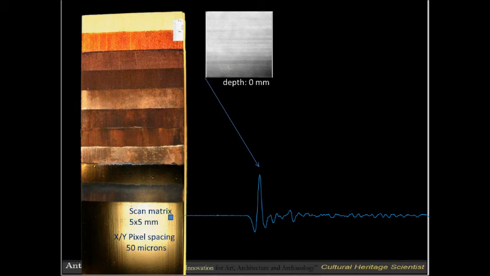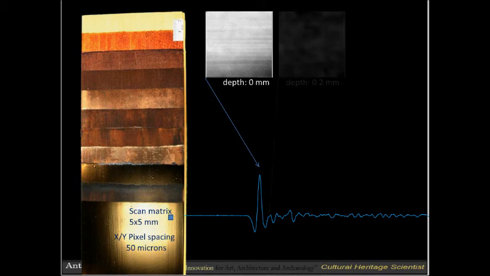These images are obtained by extracting the intensity of the reflected T-ray pulses at a particular time delay or depth. Depth of 0 mm corresponds to the first reflection, the lacquer surface.